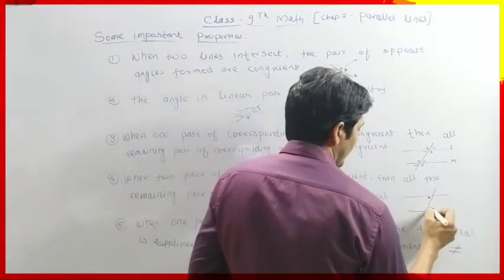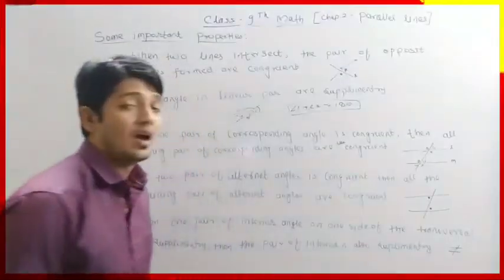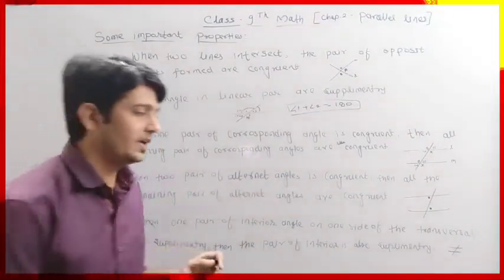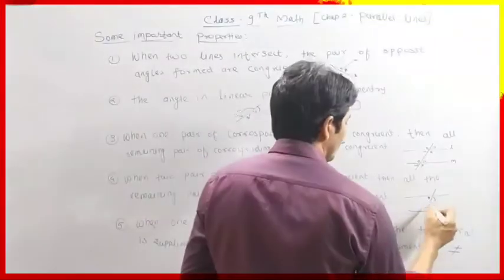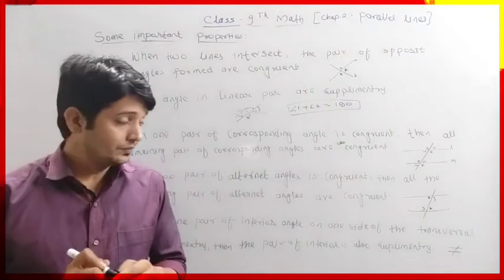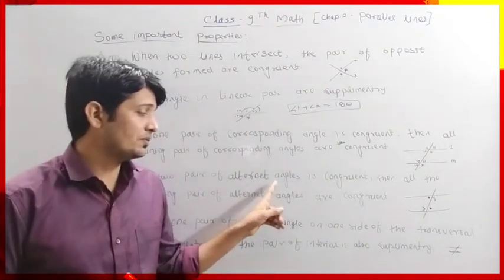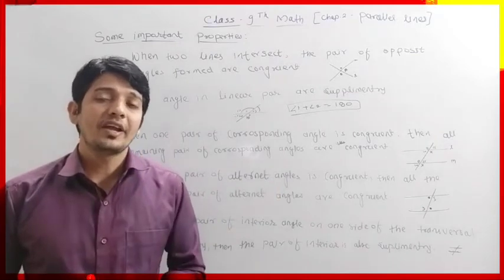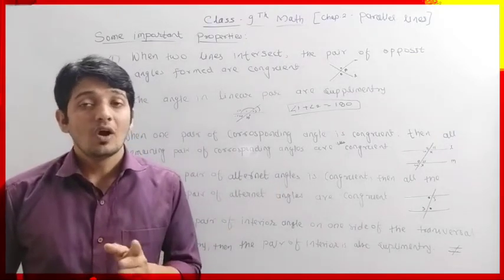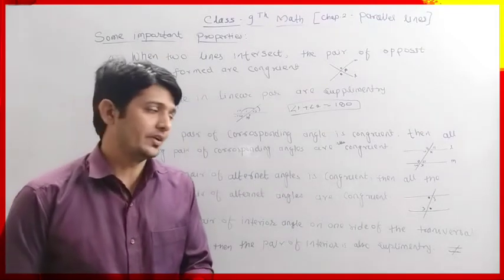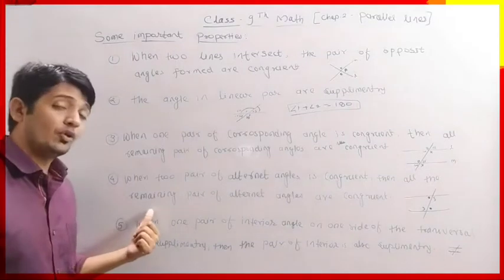So here this angle and this angle are alternate angles, and if they are congruent, then the other angles like this one and this one will also be congruent. So if any one pair of alternate angles is congruent when a transversal line intersects two parallel lines, then all other pairs of alternate angles will also be congruent. So this is all about the fourth property.